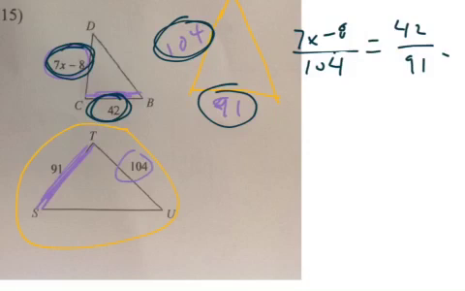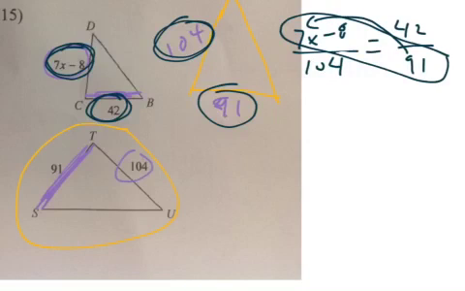Okay, so again, we're going to cross multiply here. And if I do 91 times 7, I'm going to get 637x. And when I do 91 times minus 8, watch your negatives, I'm going to get a minus 728.